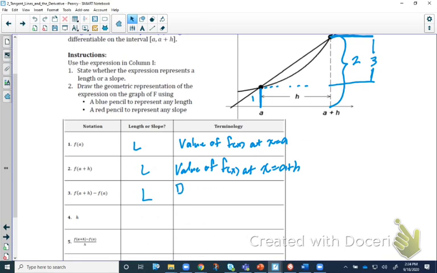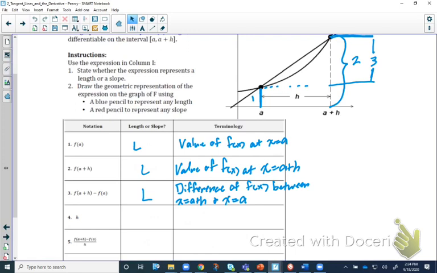It's the difference of f of x between x being equal to a plus h and x being equal to a.